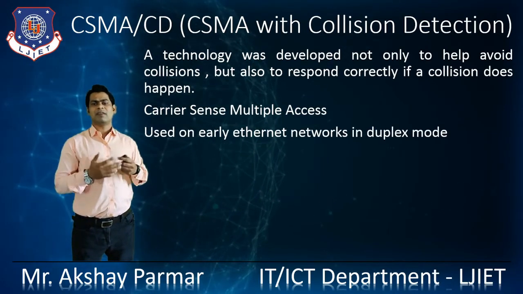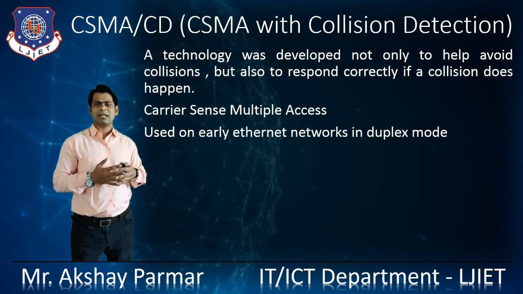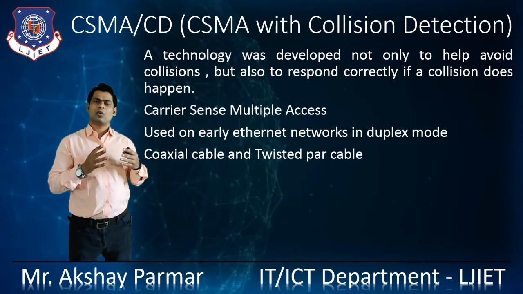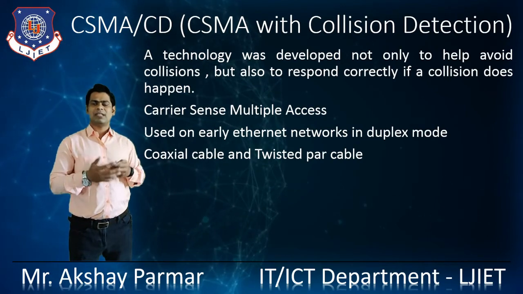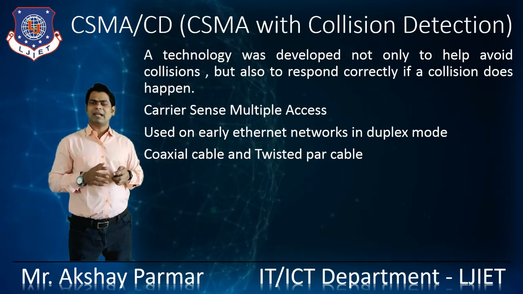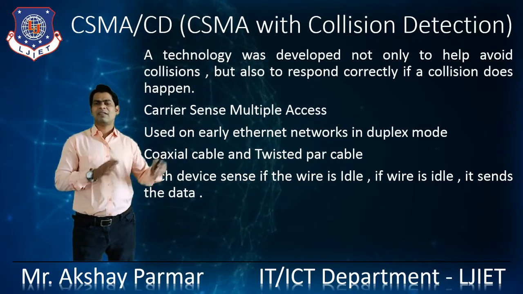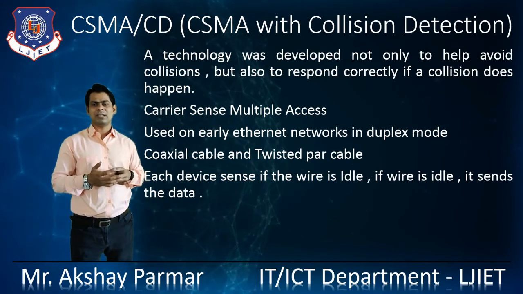In the early days, the early Ethernet used the CSMA technique in duplex mode. Coaxial cable and twisted pair cable use the CSMA CD protocol. In that, each device sends if the wire is idle, and if the wire is idle, then it can send data into the channel.